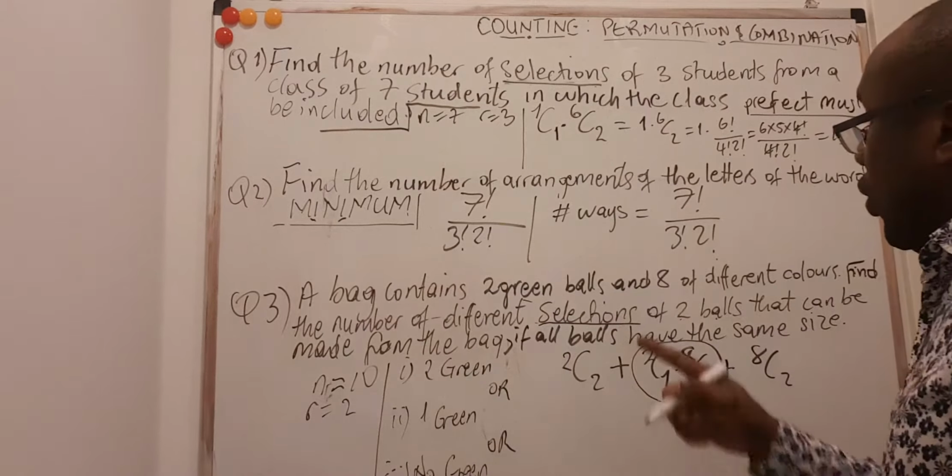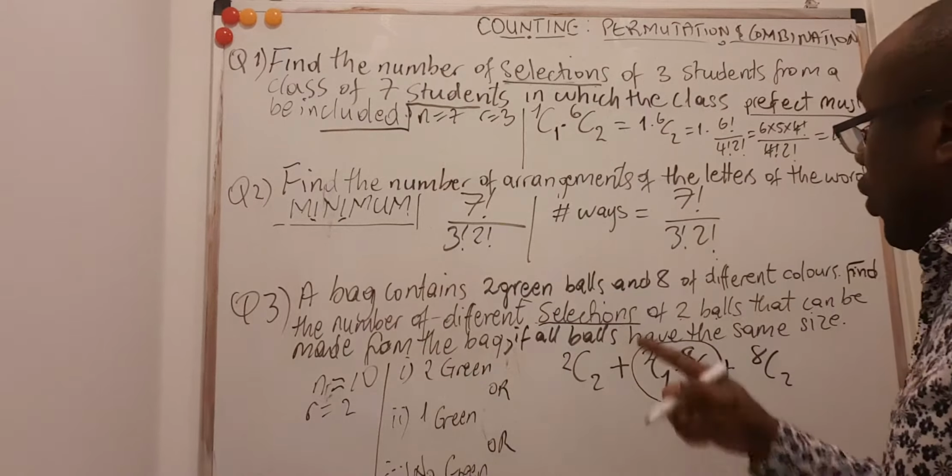In this case, there are 2 greens, so that's 2 factorial, which I'm going to say 2 of them divided by 2. So 2 combination 2 is just 1, plus 2 combination 1, that is 2, times 8 combination 1, that is 8, divided by 2, plus 8 combination 2, that's 8 factorial over 6 factorial 2 factorial.